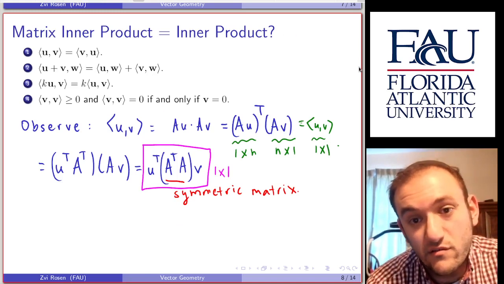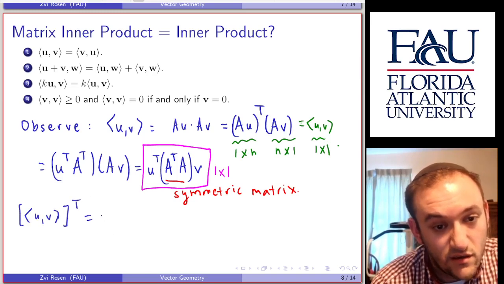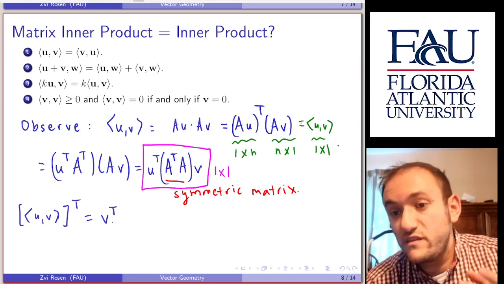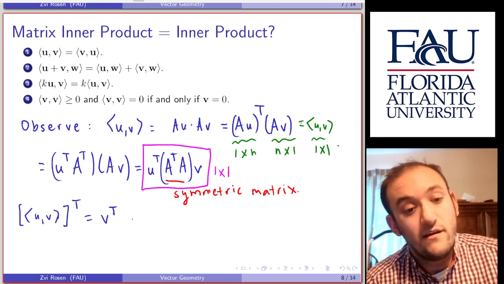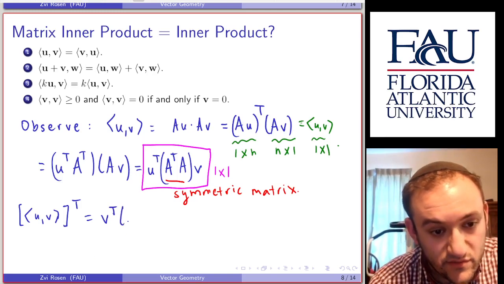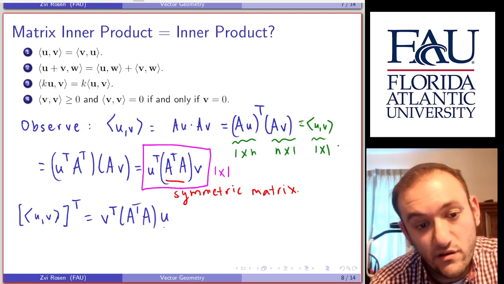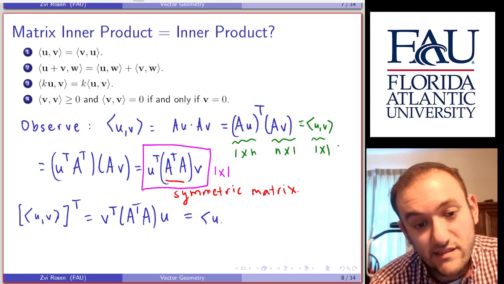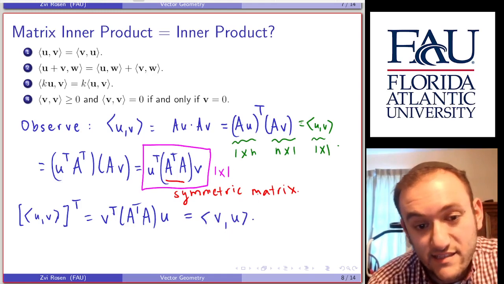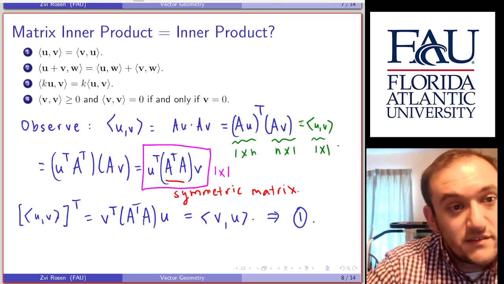So this transposed should give me V transpose, again, I'm just reversing the order of multiplication and putting a transpose on everything. So this gives me A transpose A, since it's symmetric, and this is U, and this is the same thing as V inner product with U. So this implies the symmetric property. Okay, so that's first.